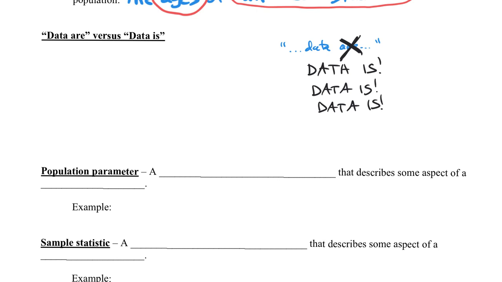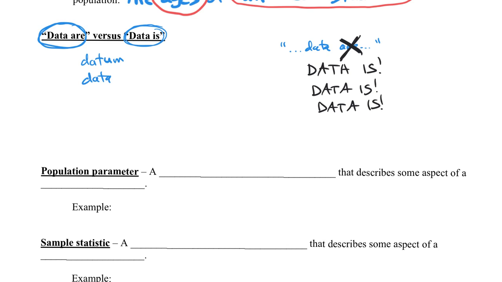So it turns out that datum is a singular word that is hardly ever used, singular for data, and data is plural. In most math or science or technical books, you'll see the phrase data are. And when you're not in a technical area, you'll typically see the phrase data is.